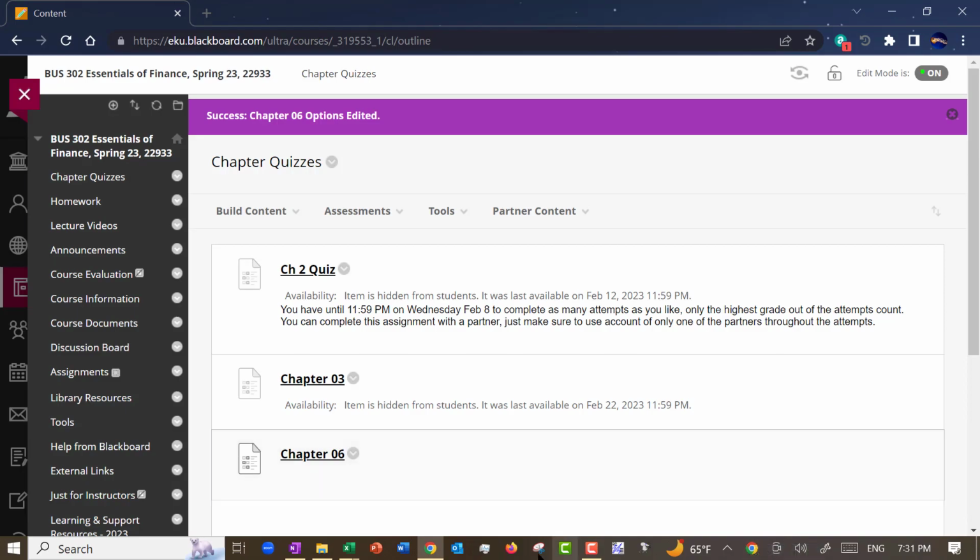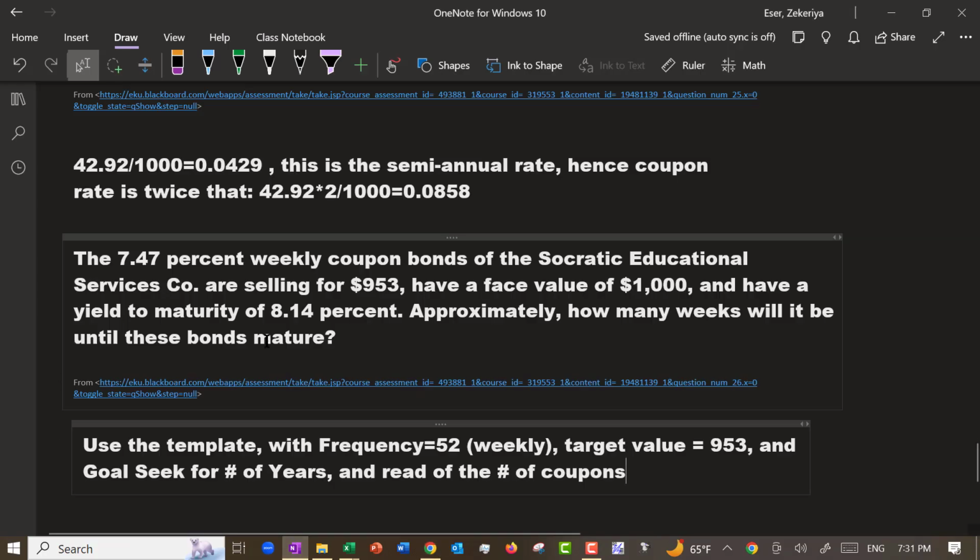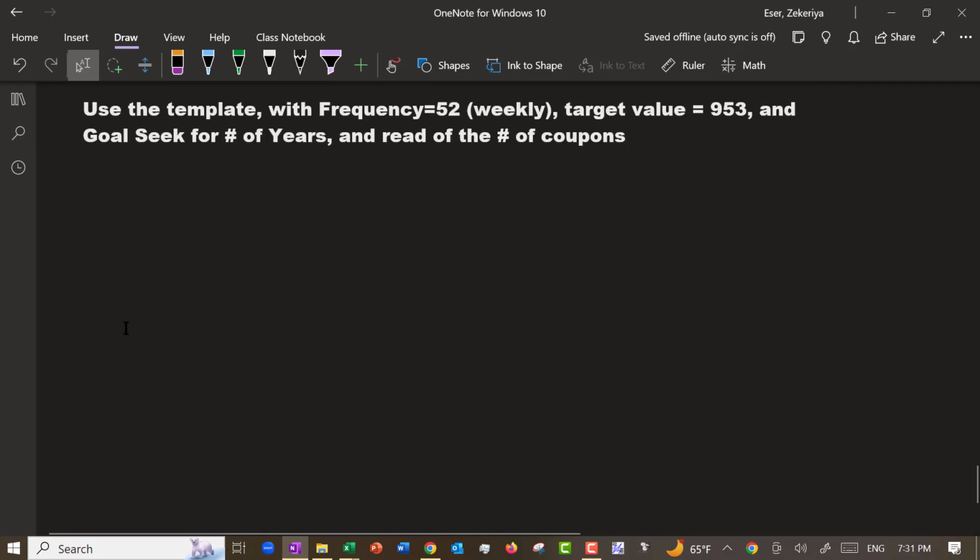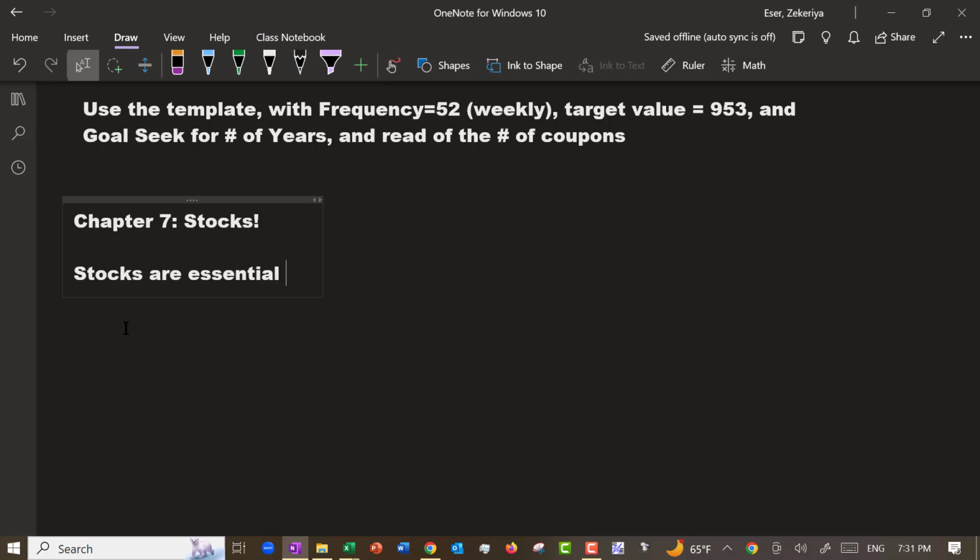Well, stocks are essentially what we call residual ownership rights for corporations. Residual in the sense that once all the liabilities are met, whatever remains is owned by the stockholders.